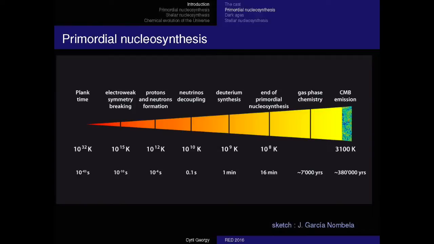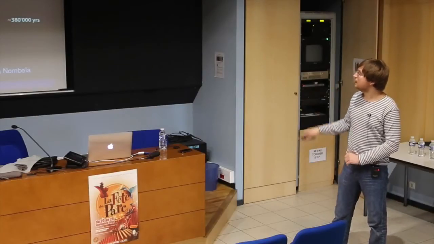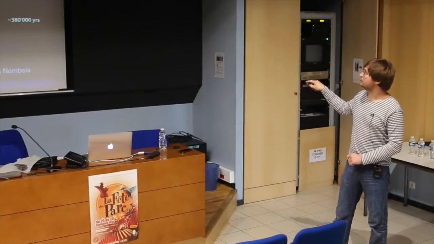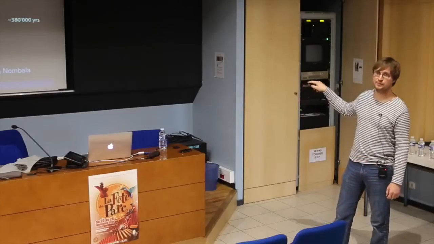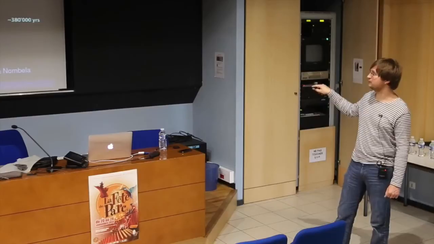And then after this 400,000 years time, the universe is not hot enough to keep the hydrogen and all the other elements ionized. And from this, the light can travel freely through the universe. And thus, from this point, we are able to see something from this time. So the CMB was emitted at that time at very hot temperature.